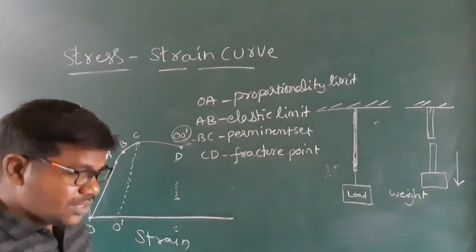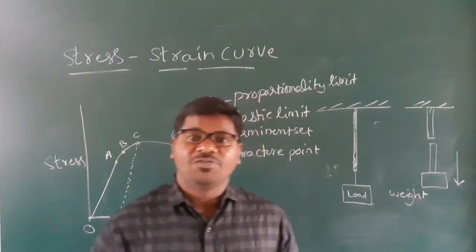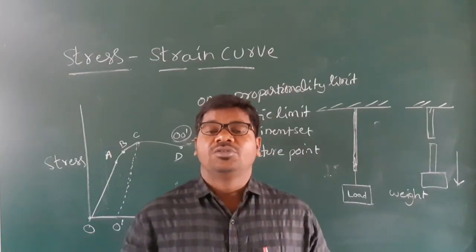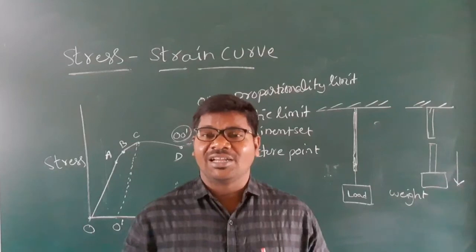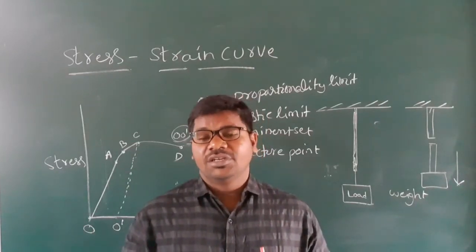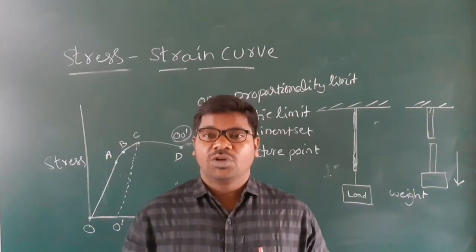Understand, my children? These are the properties of solids, which help in choosing better materials suitable for constructing buildings, bridges, railway tracks and everything. This is very, very important, my children.